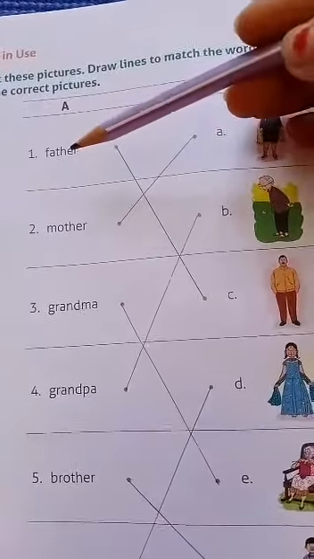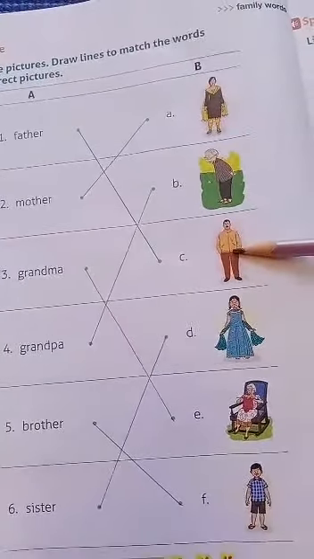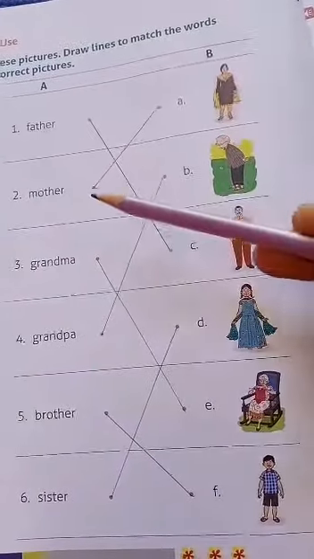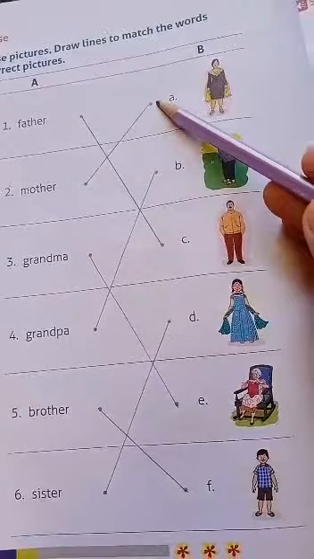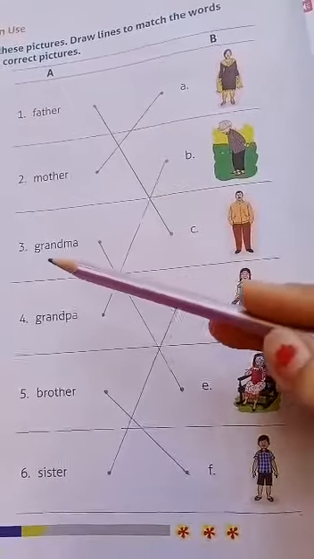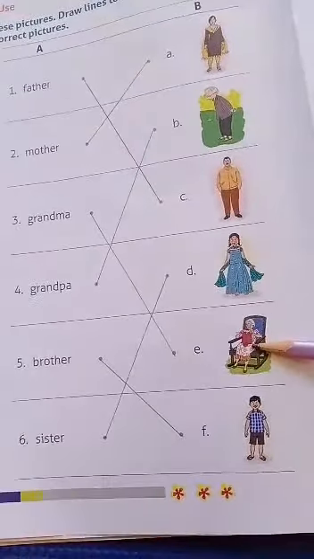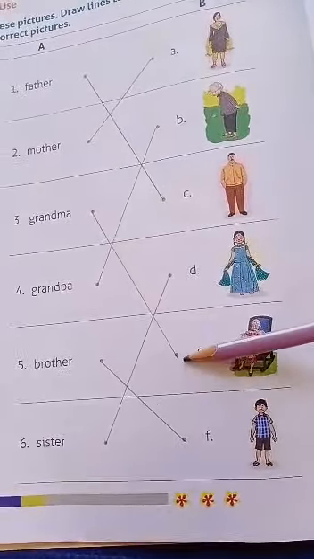First one has been done for us, father. Here is the picture of father. Same as you can see mother. You have to match the spelling of mother with the picture of mother. Next is grandma. So you can see grandma is sitting here. You will have to match the spelling with the picture.